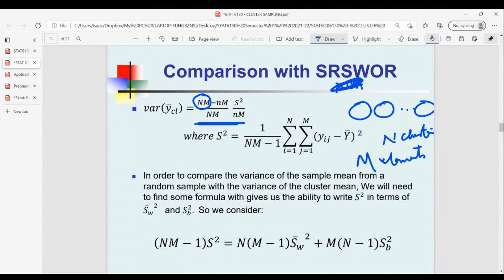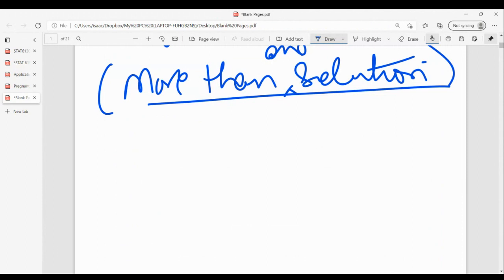And out of the capital N clusters, maybe I should do a blank page.